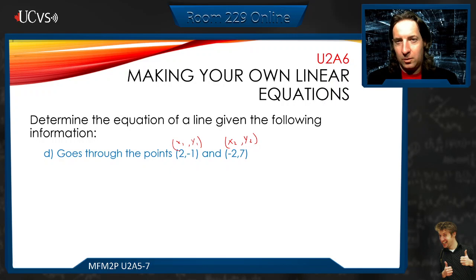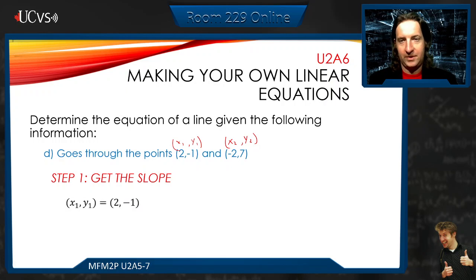Okay, so step 1 is figure out the slope from those 2 points. Just as I've labeled, x1, y1 is 2, -1. The second point, x2, y2, is -2, 7. Using my expression for slope, remember, slope is the rise over the run.